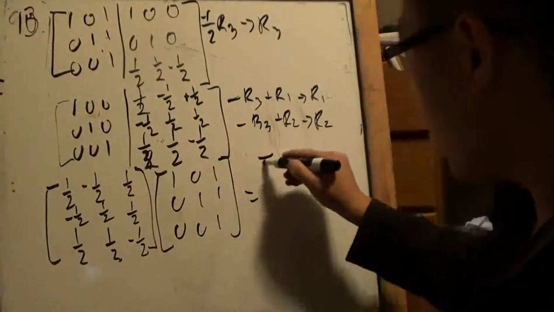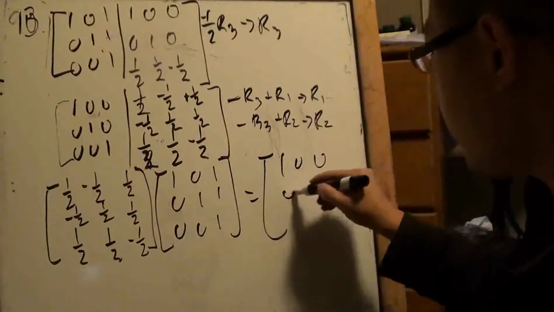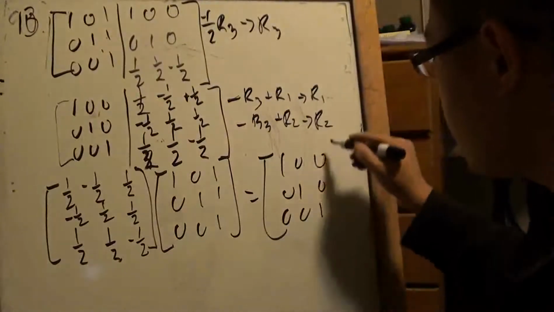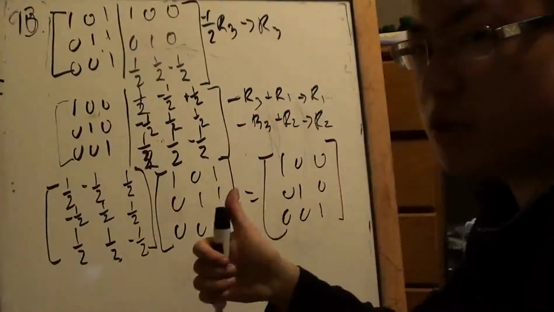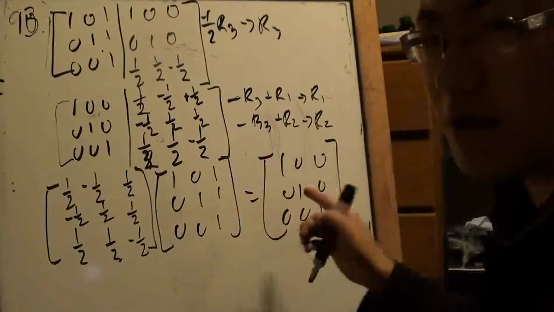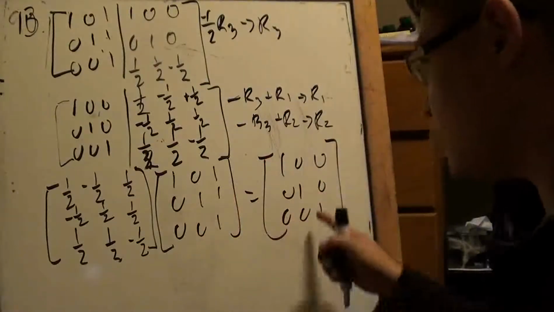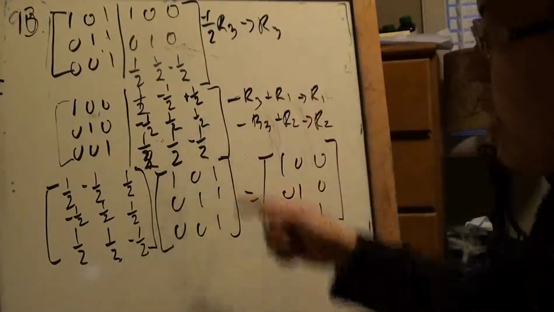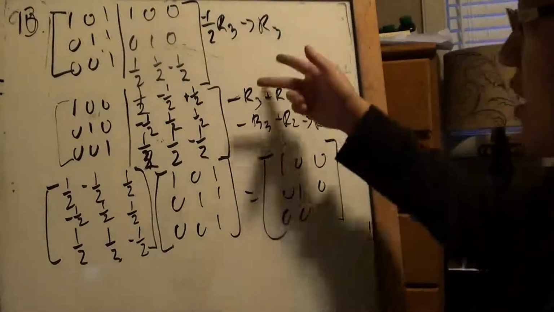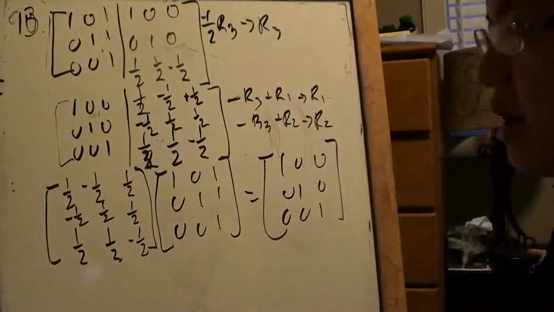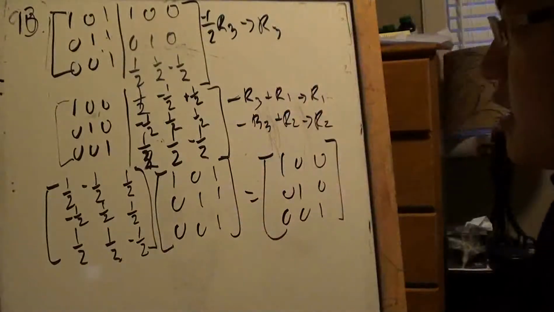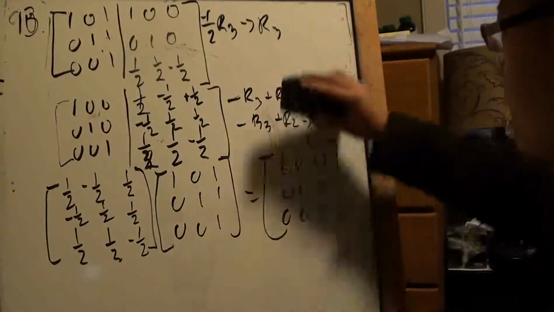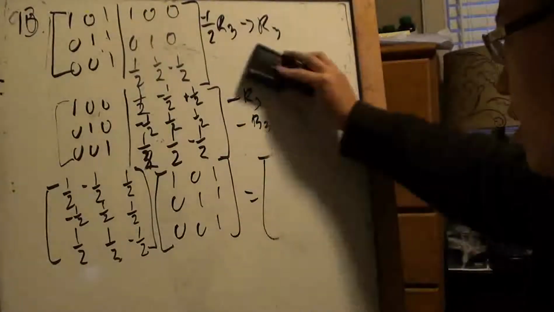If I multiply them together, I better get the identity matrix. If you get it, you're solid. If you haven't got this, then you made a mistake, so go back and go through these. Fortunately, this requires very few steps, but for other matrices, especially 4x4 matrices or more, nightmare.